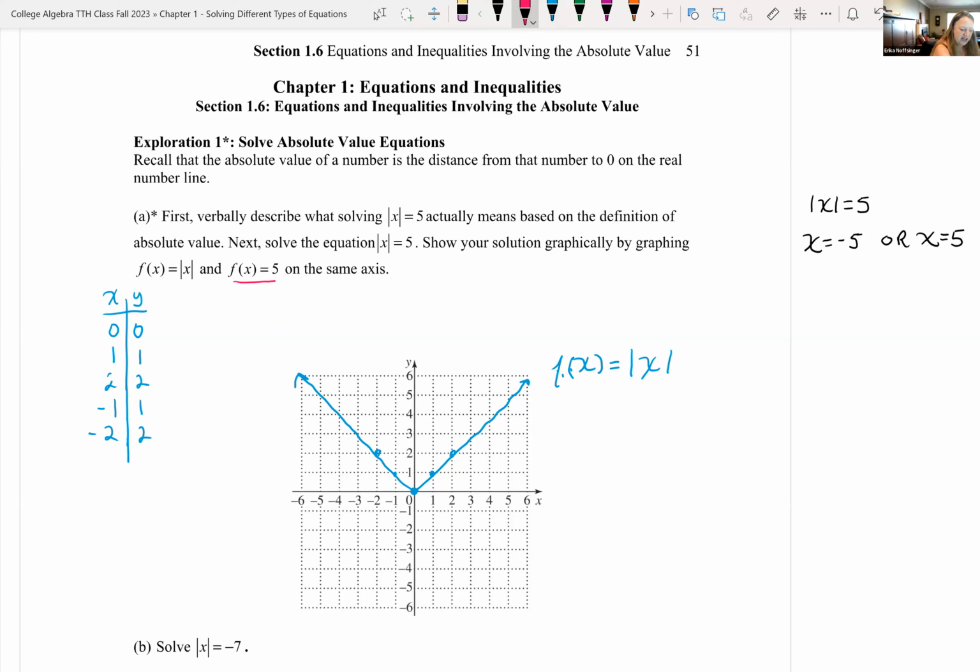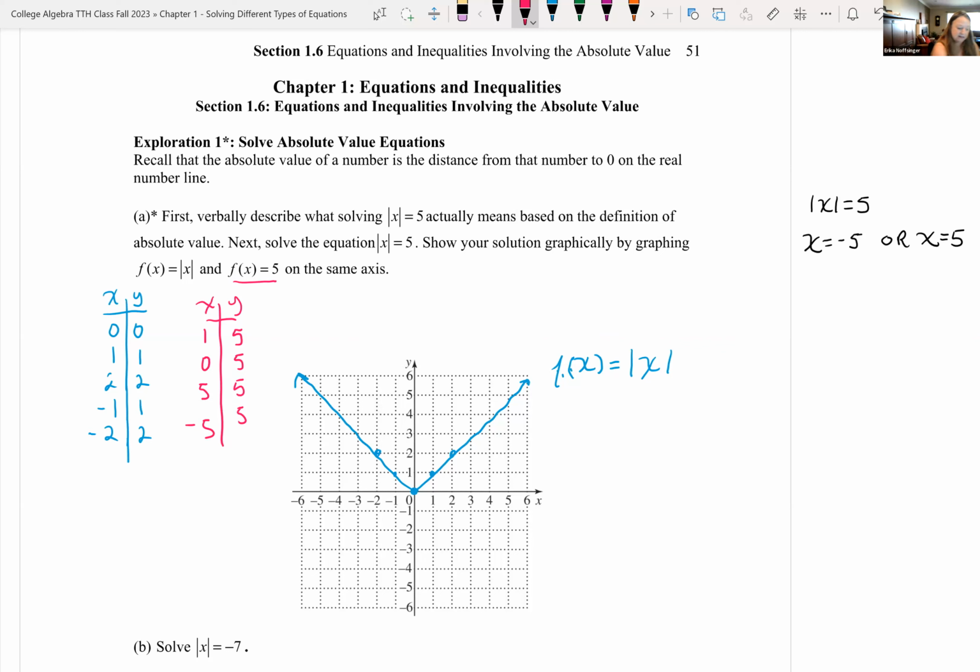If I was to graph f of x equals 5, notice there's no x in there. So whatever I plug in for x, my y value is always going to be 5. If I plug in 1 for x, I get 5. 0 for x, I get 5. If I plug in 5 for x, I get 5. -5 for x, I get 5.